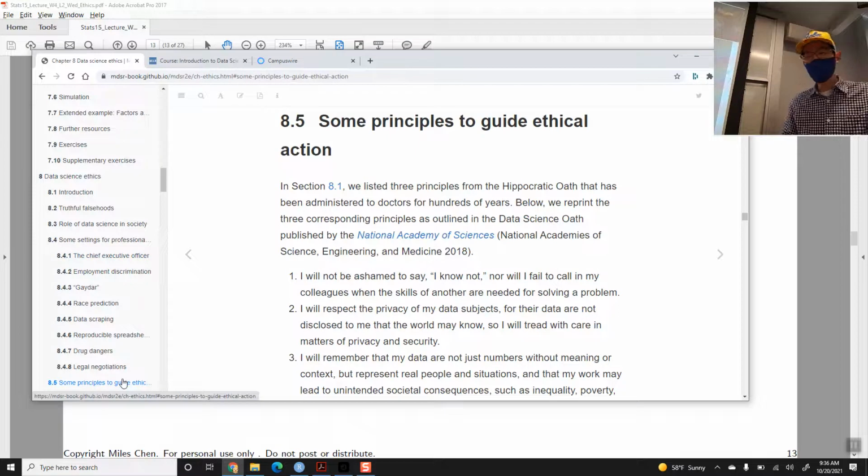The textbook provides a few guidelines that we could apply to different situations and scenarios. And here's the thing with ethics: not everything has a clear-cut answer, right? We could have a discussion about what is the right thing, or what you yourself would feel comfortable doing, and not necessarily everyone will agree.